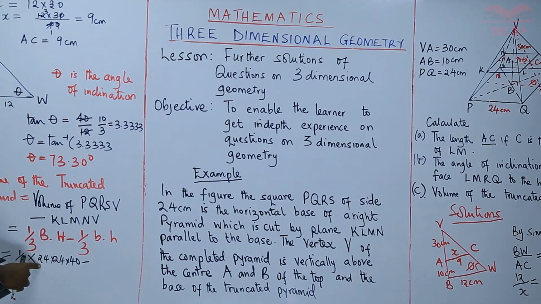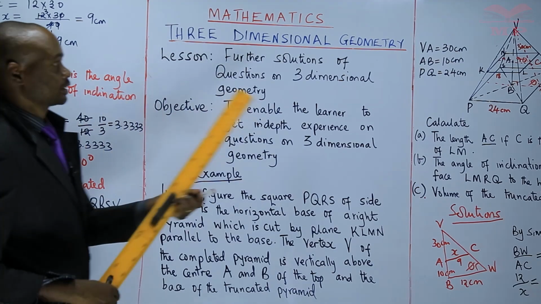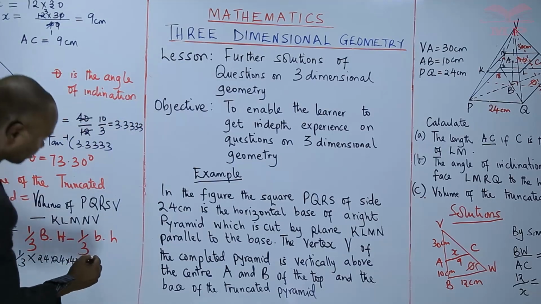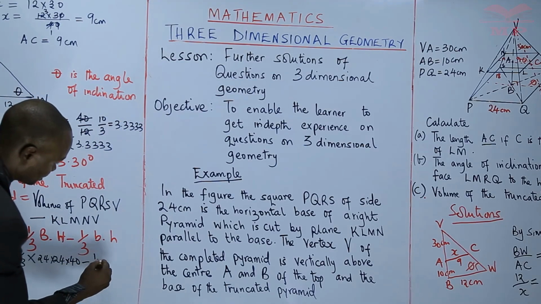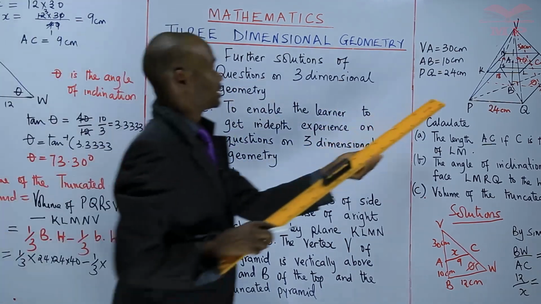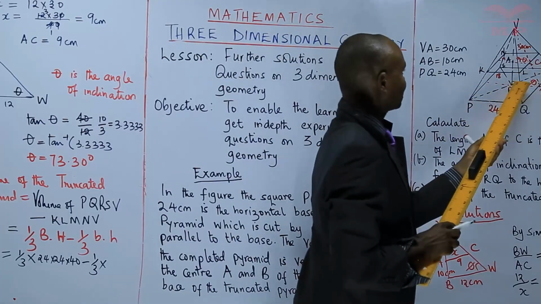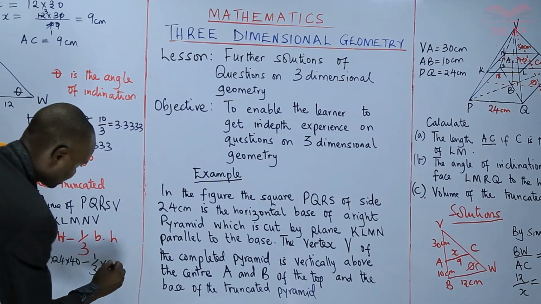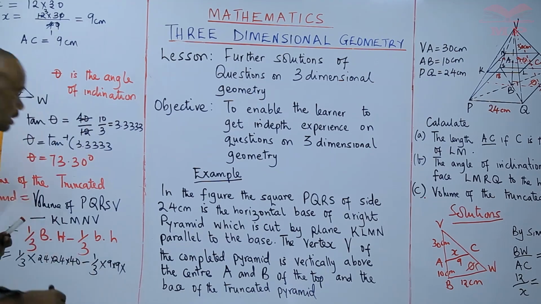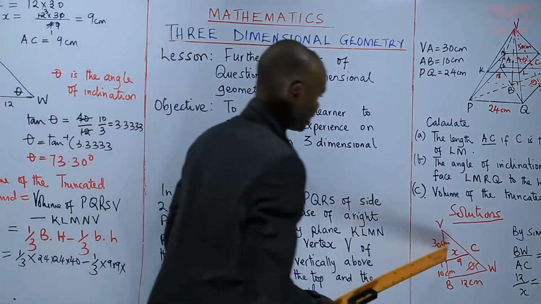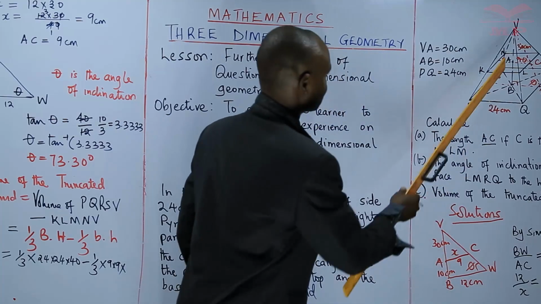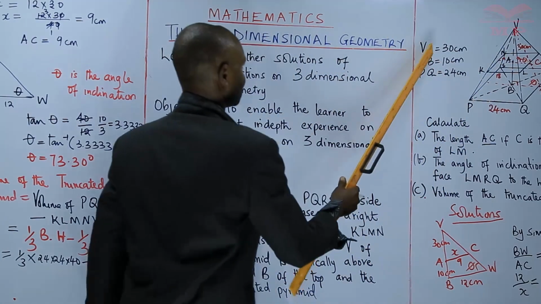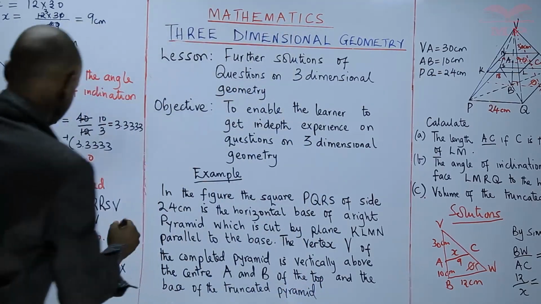This is the base area of the bigger pyramid multiplied by a height which is 40. Subtract. You move up. This is 18 because I got 9. The other one is 9. So times 9 times a height of 30 now. It is not the 40, it is now 30, because I was given that VA is the 30.